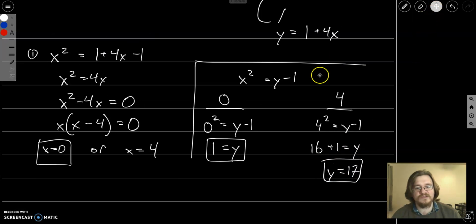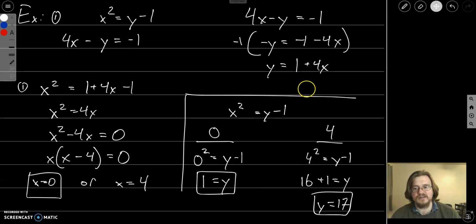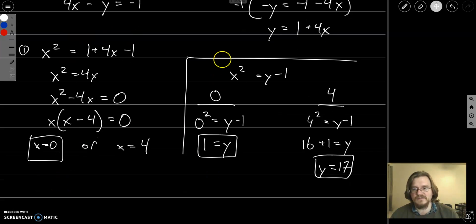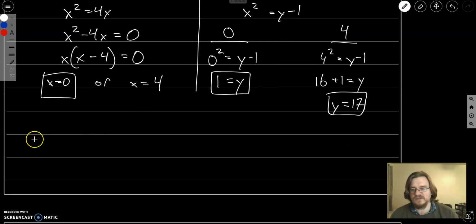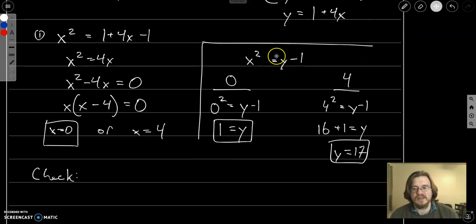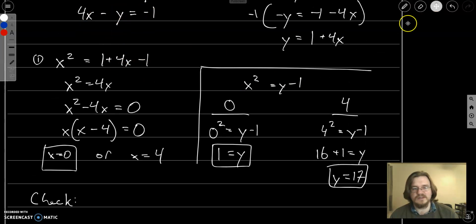And what we can do is actually check the other equation as well. So we did all this using the first equation. Let's check the other one. If x is 0 and y is 1, let's see if this works. If I plug in x is 0 and y is 1 into this equation, I get 4 times 0 minus 1. 4 times 0 is just 0.